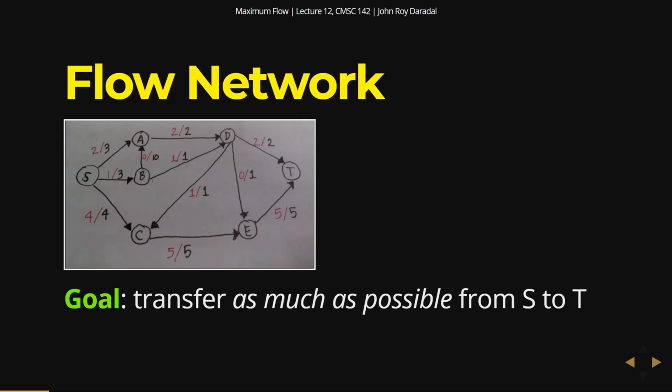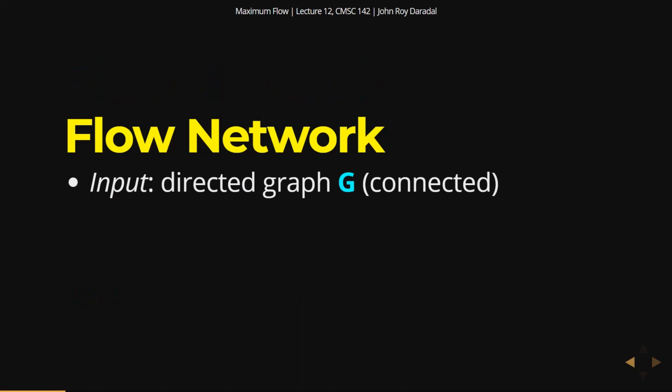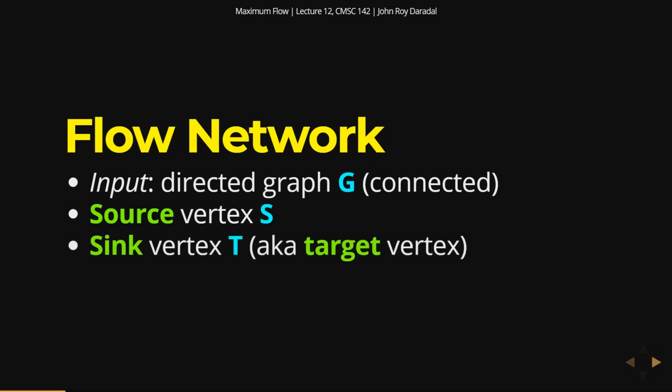Formally, a flow network gets a directed graph G, which we assume to be connected. So it's not disconnected. There is only one connected component. We'll also be given a source vertex S and the sink vertex T, which is also known as the target vertex. A source is the start of the flow, and the sink is where all of the flow ends.